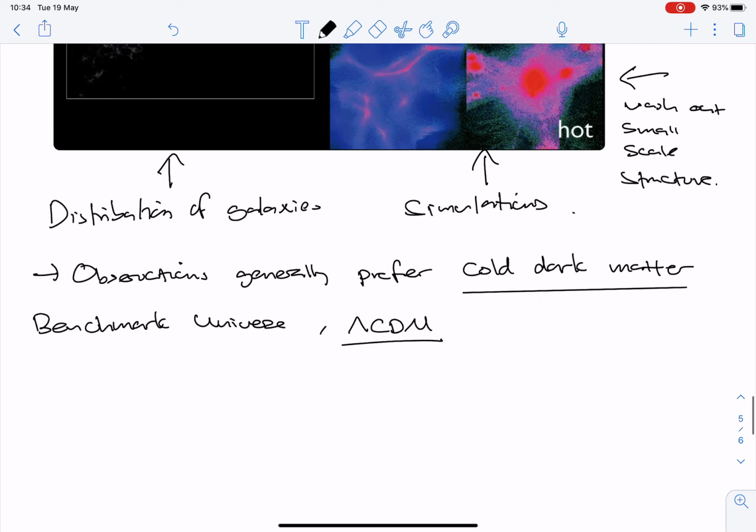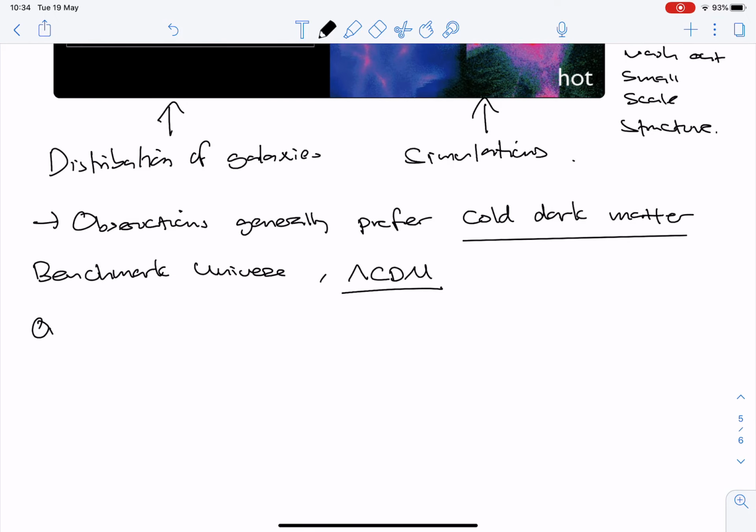It's not completely simple. There is one problem with cold dark matter that's worth being aware of. And that's something called the substructure crisis. And what the substructure crisis tells me is that I make too many small structures.